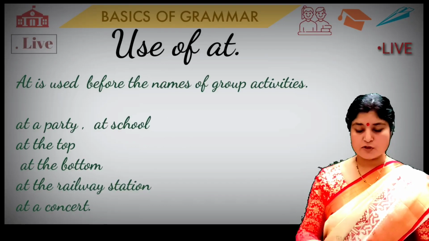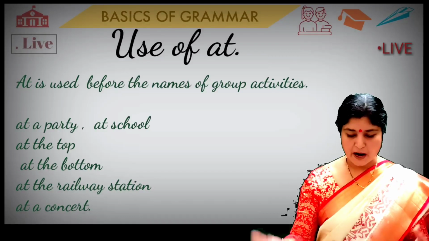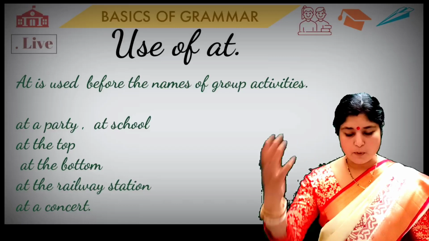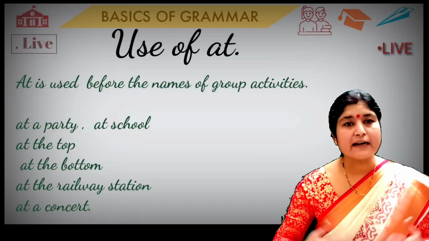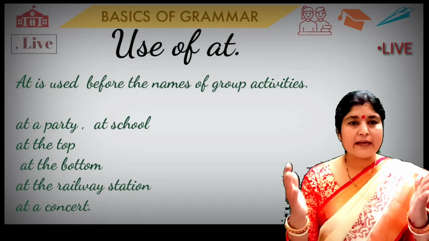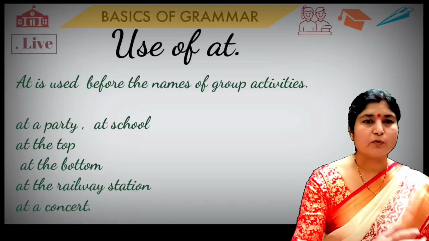Next, at is used before the names of group activities, like at a party, at school, at the top, at the bottom, at the concert, at the railway station, at the bus stop. So when we talk about the names of group activities, we must use at before them.